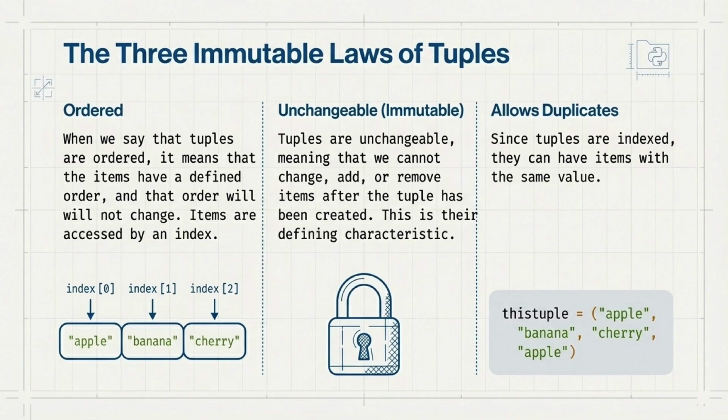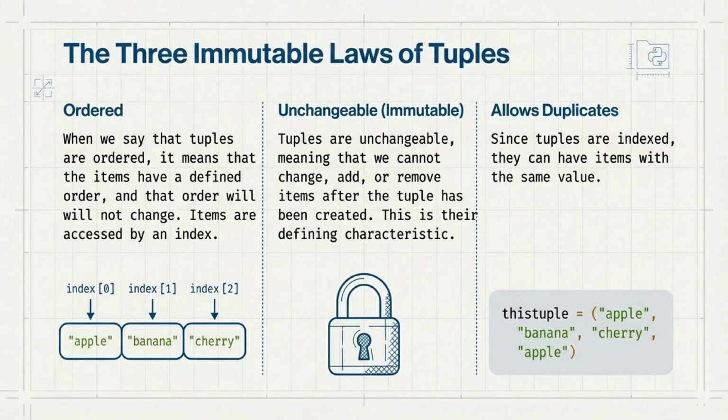For example, if a tuple stores configuration values, coordinates, or fixed records, Python guarantees that these values will remain untouched unless the entire tuple is replaced. This immutability makes tuples safer for critical data and more efficient in memory usage.